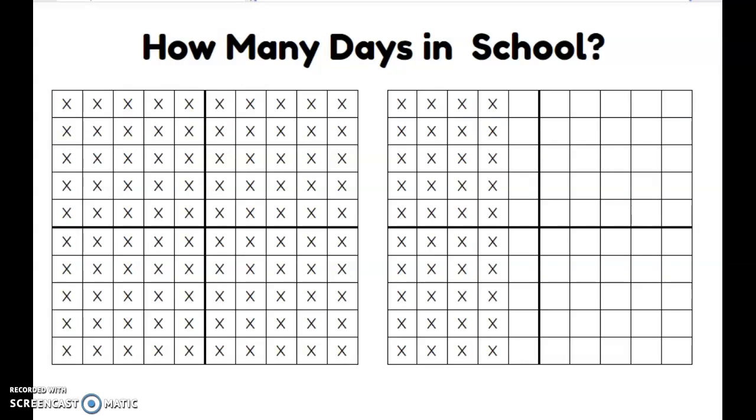We had 140 days in school yesterday. Let's see how many we have today. 10, 20, 30, 40, 50, 60, 70, 80, 90, 100, 110, 120, 130, 140, stop, 141.